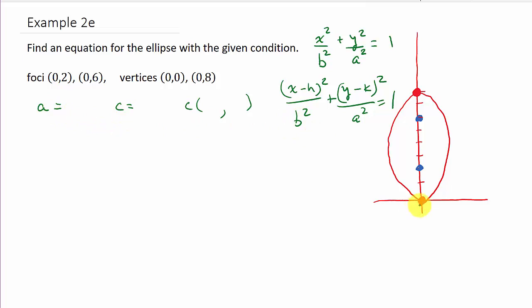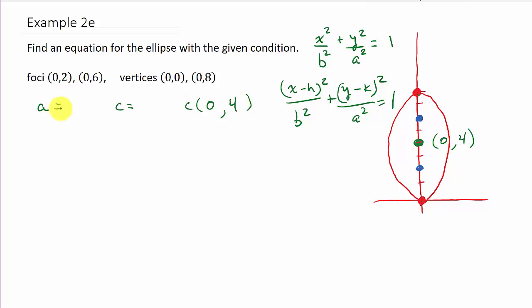Well, the center is going to be the middle of this. From here to here is 8 units, so the middle would be 4 units. So the center is going to be right here, the point 0, 4.